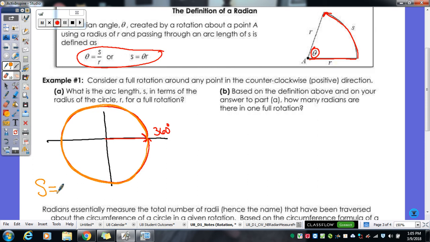So the arc, which we use letter S, for a full 360-degree rotation is the same as your circumference, which, what is our circumference formula? S equals... What is your circumference formula? Theta r? No. Radian squared? 2 pi times the radius? 2 pi r squared? No. Wait, what's 2 pi r squared? An area of a circle multiplied times 2.